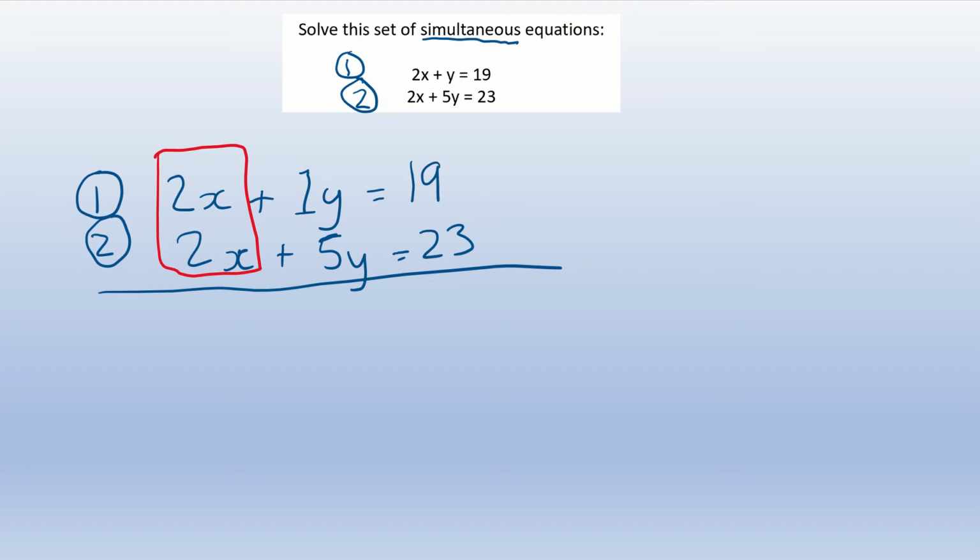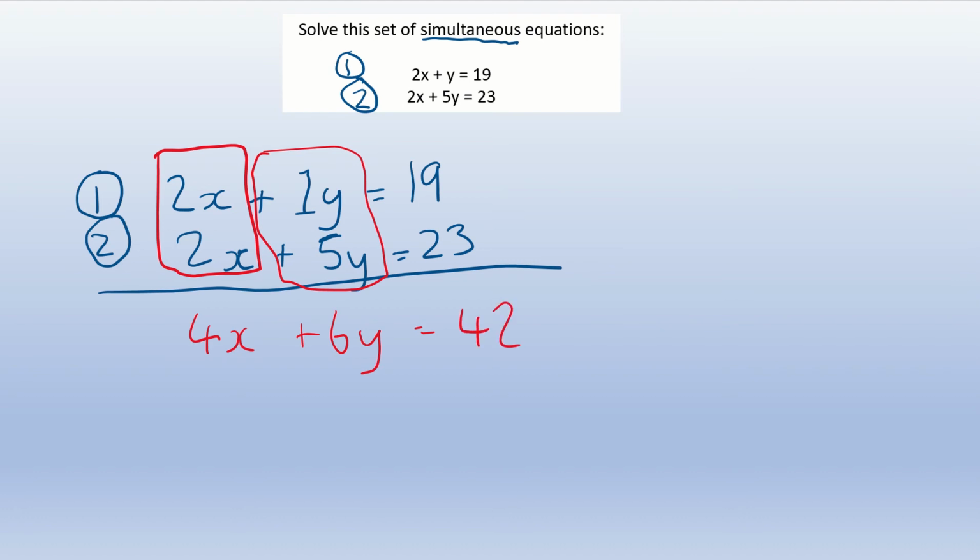They're the same thing. If I was to add those together, 2x plus 2x, I would end up with 4x. If I was to add my y's together, my plus 1y and my plus 5y, I would end up with plus 6y. And if I was to add my 19 and my 23, I would end up with 42.